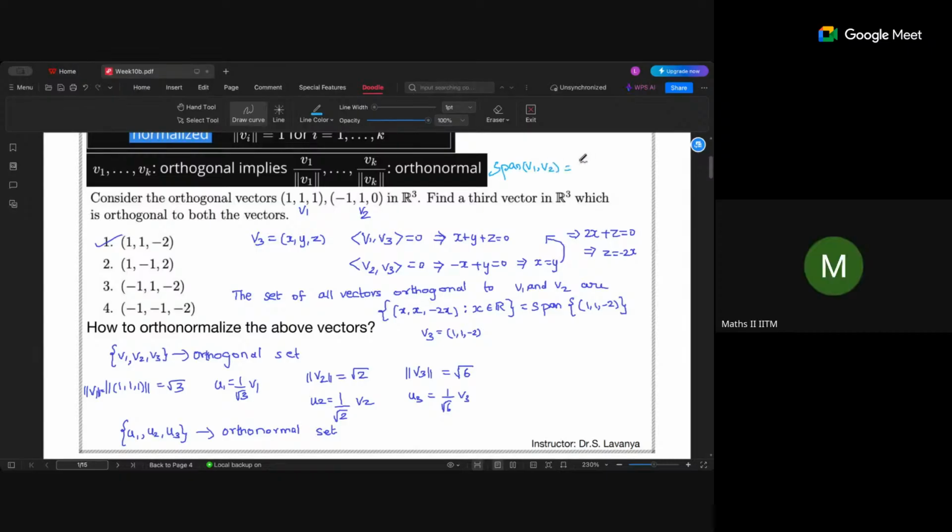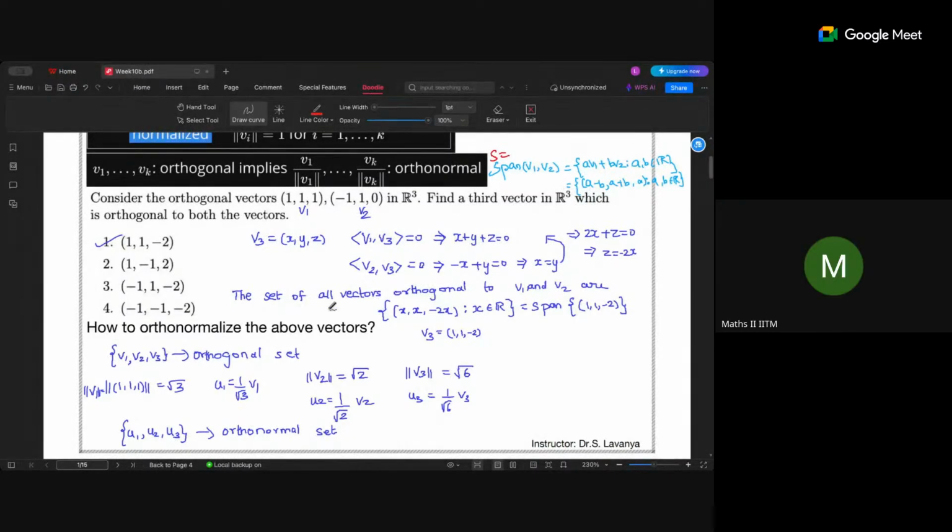Very good. So it is the set of all a v1 plus b v2. Now this is a subspace of R3, right? So any vector here is of the form a minus b, comma a plus b, comma a comma b, with a, b in R. Let's say this is your S.